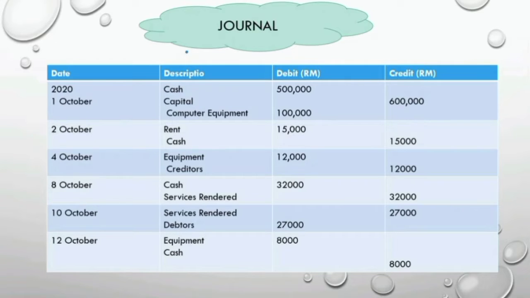Service rendered account we put on credit, and debtors account we put on debit. For 12 October, we have equipment account and cash account, which is equipment account we put on debit and cash account we put on credit.